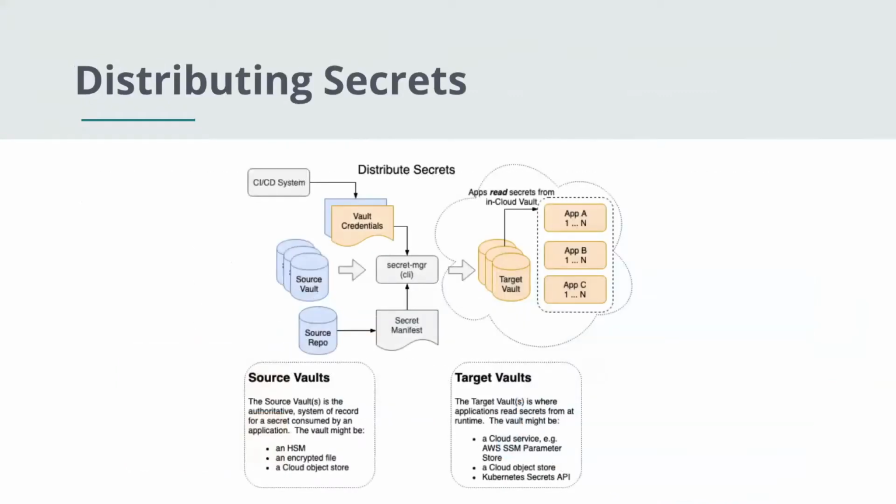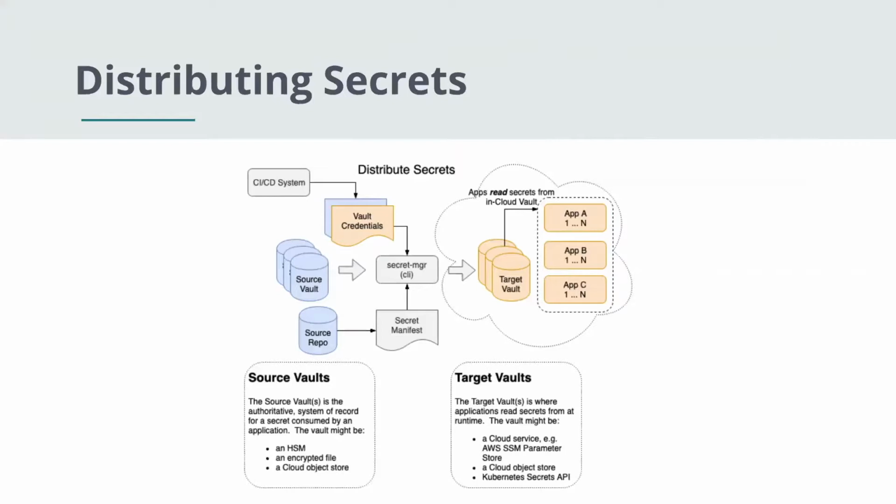So within that distribute secrets step, there's a process of taking a secret from a source vault. That could be a file, it could be an HSM, a hardware security module, it could be something like HashiCorp Vault, or some cloud object store, whatever you consider your system of record to be.